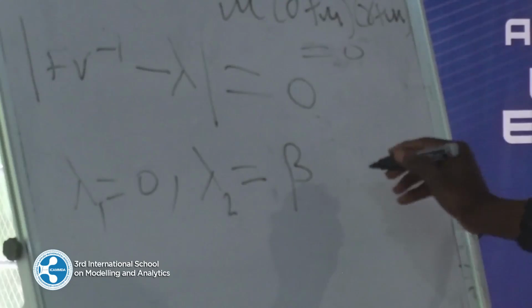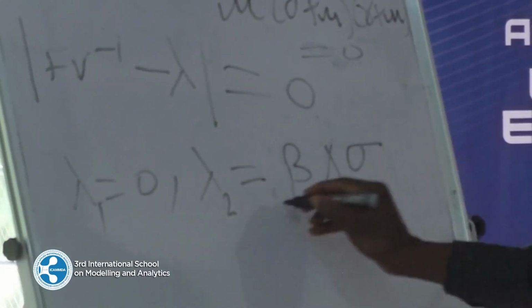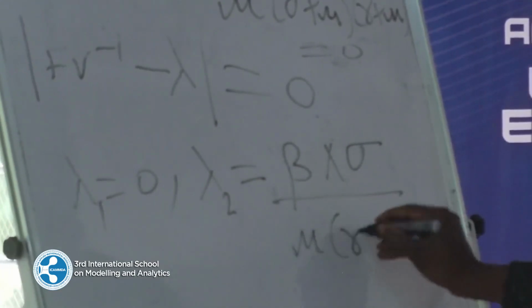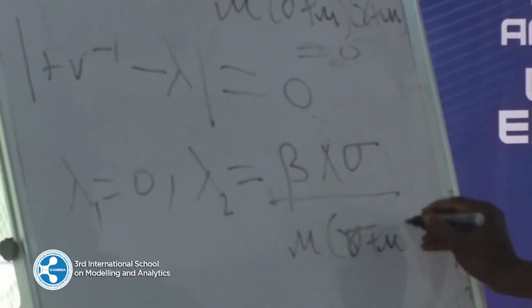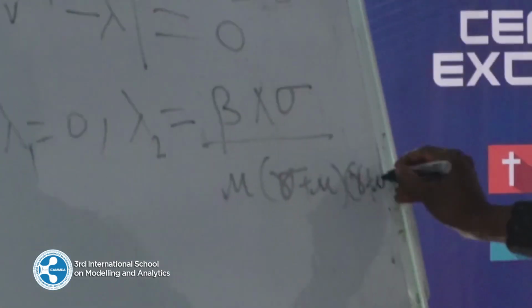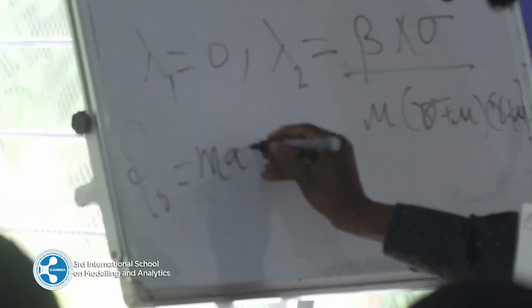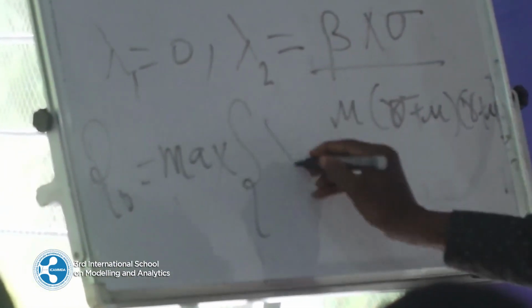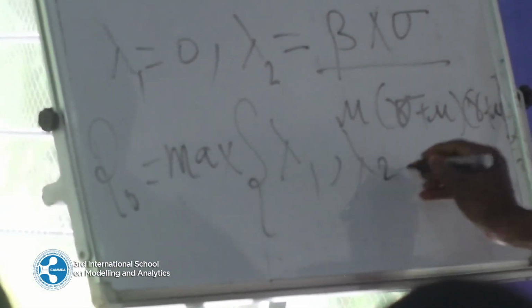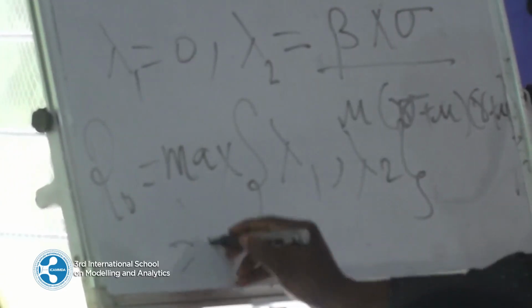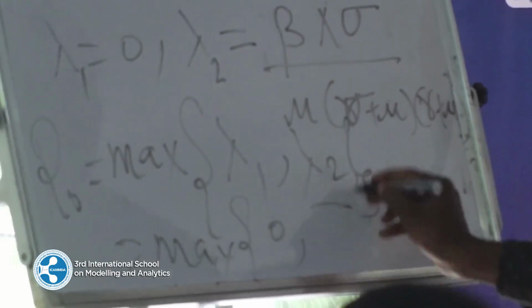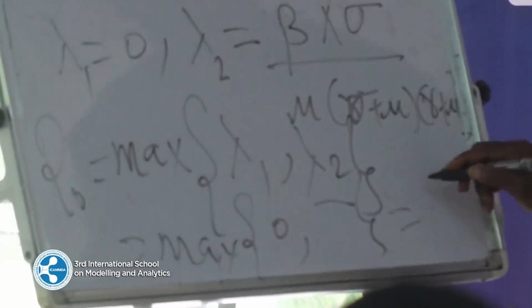Let me say this is lambda 1, lambda 2 equals beta lambda sigma over mu into sigma plus mu into gamma plus mu. So for me to now find my R naught, we said it is the maximum of lambda 1, comma, lambda 2, which equals the maximum of 0, comma, this.